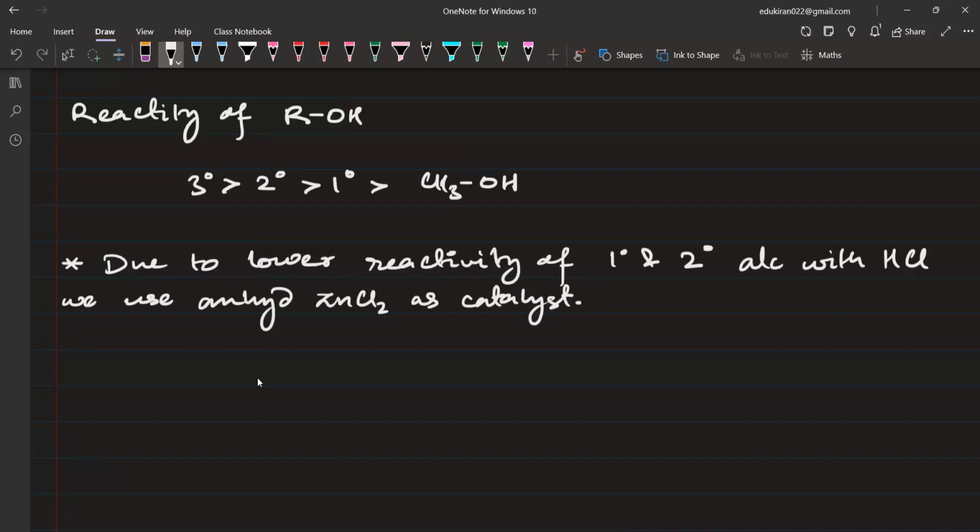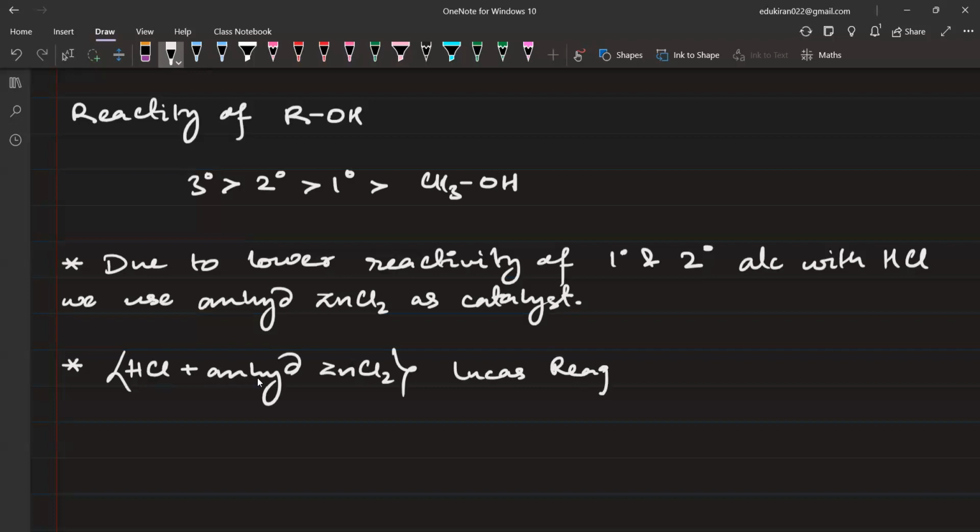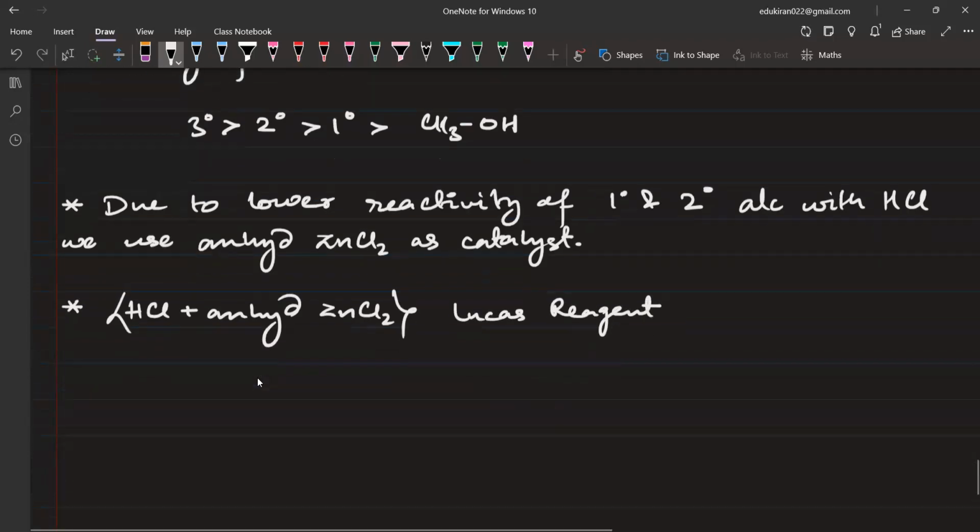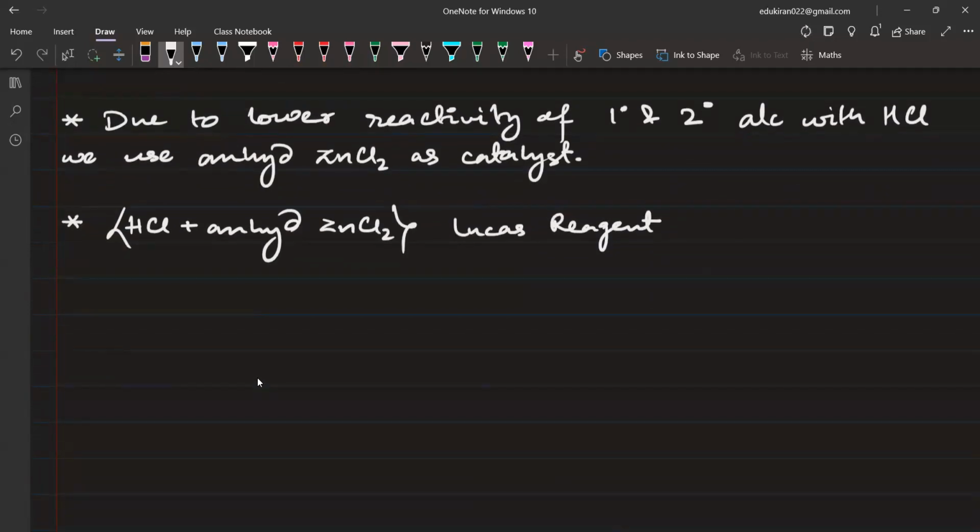Now another thing, I think you remember this, right? Hopefully you guys remember this, is that HCl plus anhydrous ZnCl2, this whole combination, it is known as what? It is known as Lucas reagent.